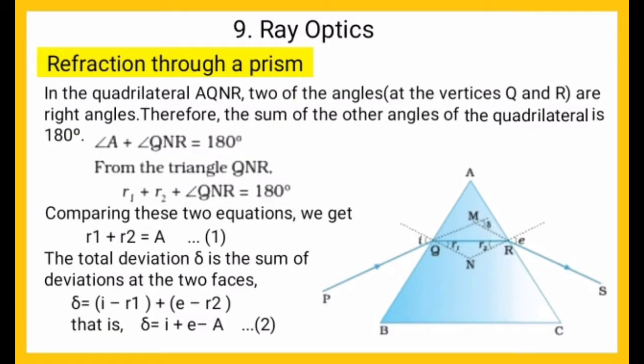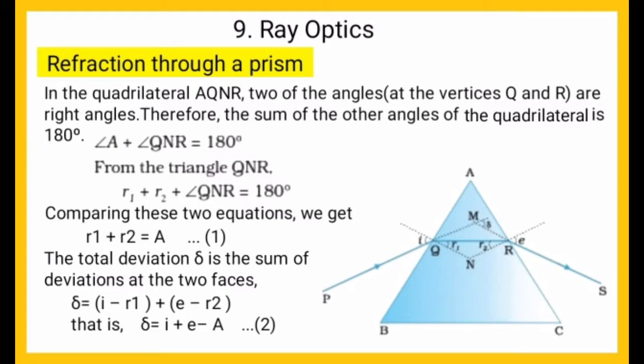In the quadrilateral AQNR, two of the angles at the vertices Q and R are right angles. Therefore, the sum of the other angles of the quadrilateral is 180 degrees. So, angle A plus angle QNR is equal to 180 degrees.